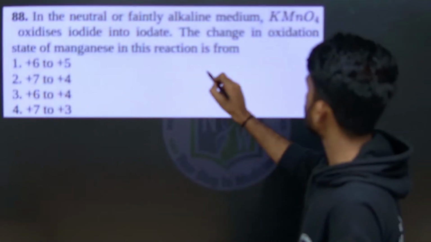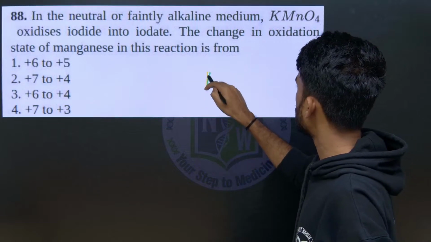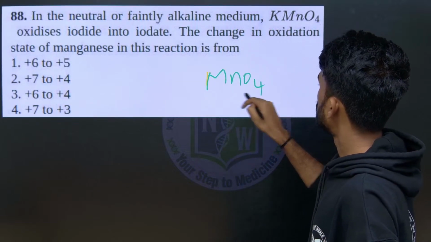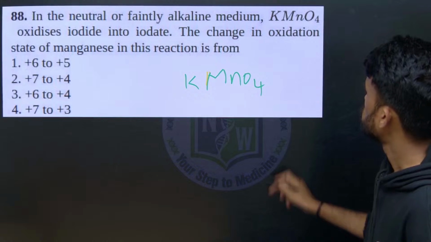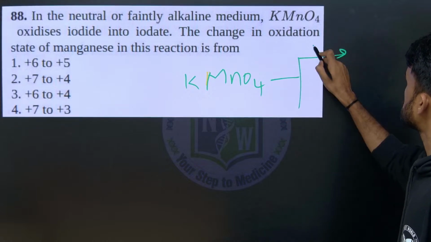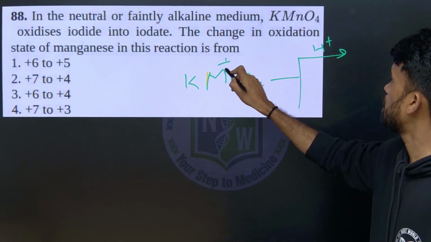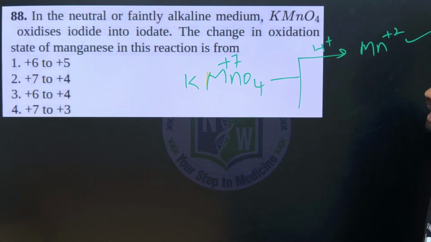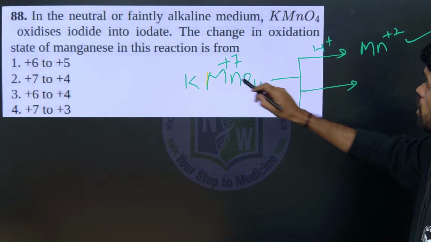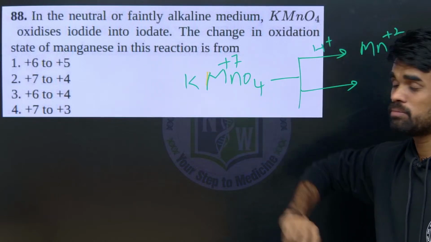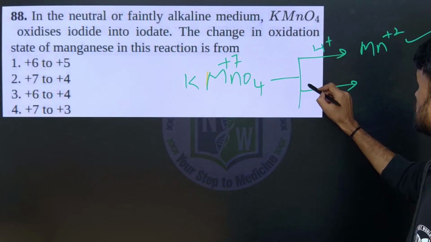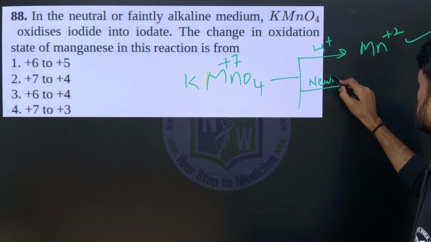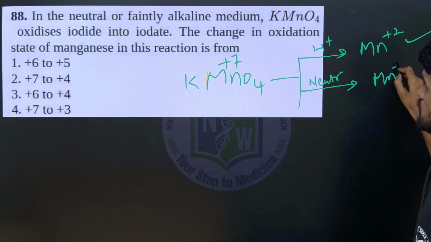Okay, so whenever we have KMnO4 in acidic medium, the Mn plus 7 oxidation state converts into Mn plus 2, remember this directly. Whenever we have slightly alkaline medium or neutral medium, it will convert into Mn plus 4.